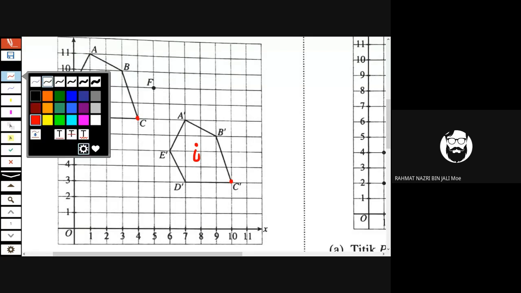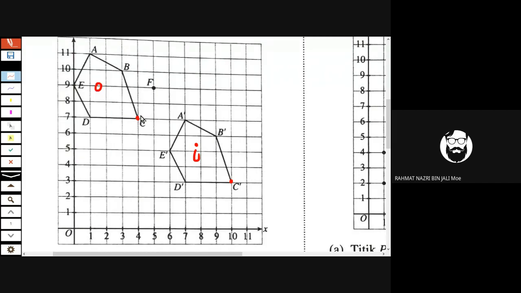Kemudian we identify the movement of C. 1, 2, 3, 4, 5, 6. Jadi 6 ke kanan, positive 6. Okay, kemudian ke bawah dia 1, 2, 3, 4. Ke bawah dia sebanyak 4, jadi negative 4.